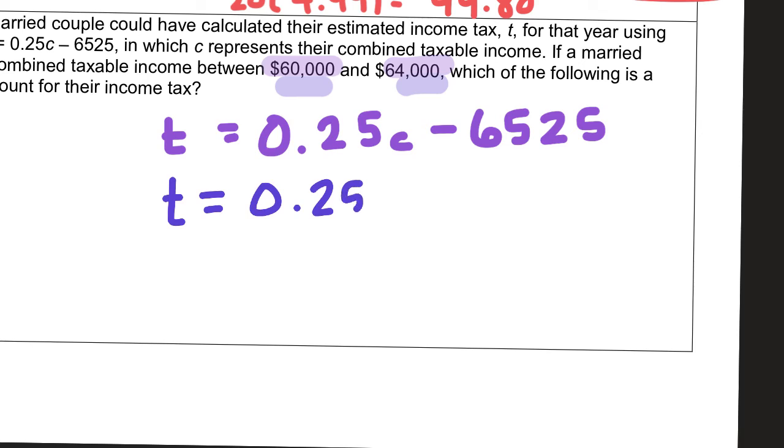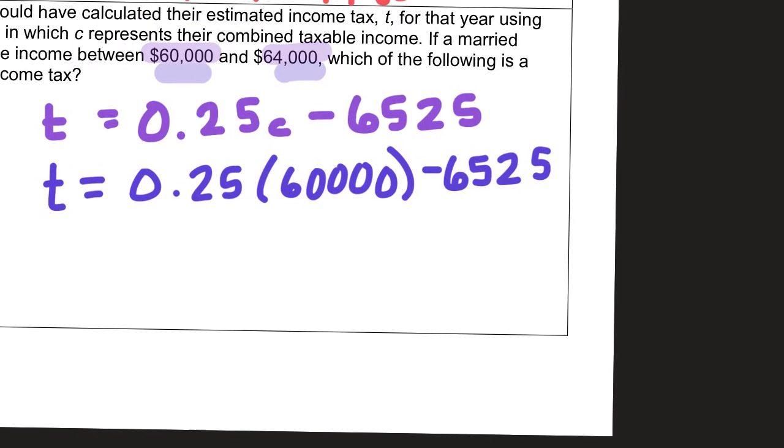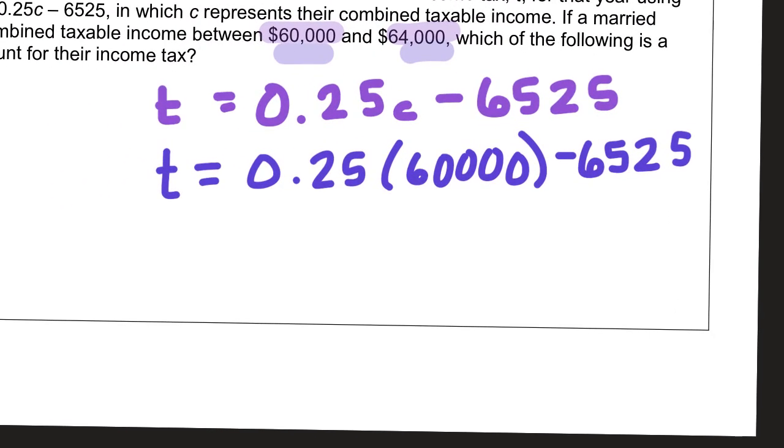So substitute 60,000 for your C and then solve to find out what the tax would be. So for 60,000, the tax would be equal to $8,475.